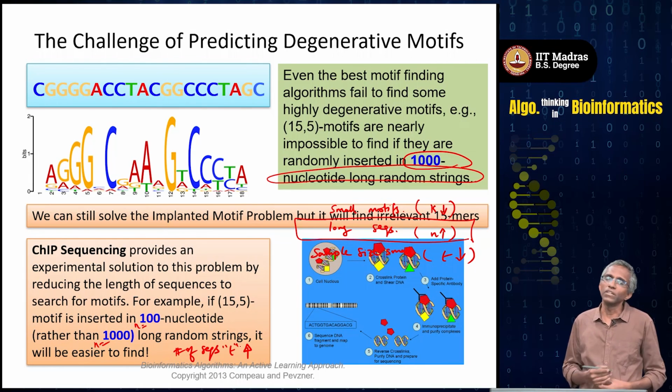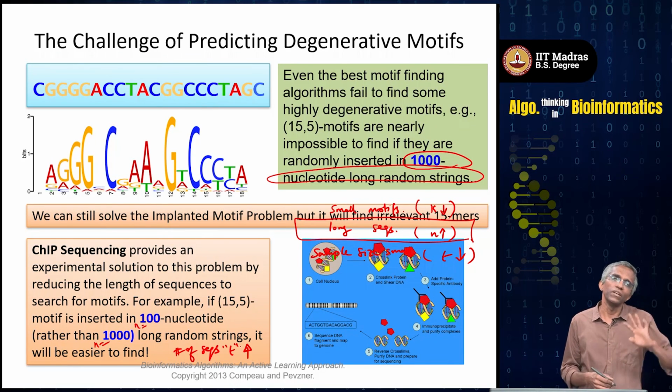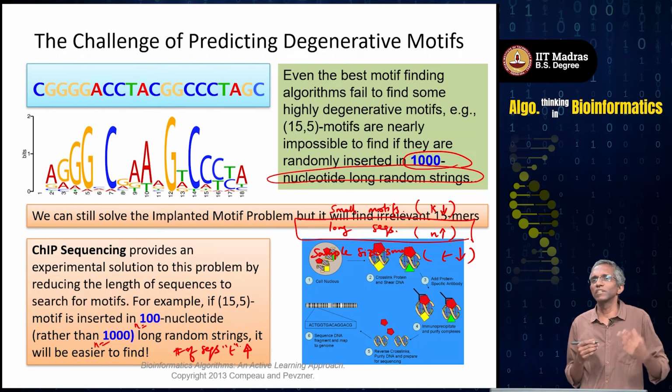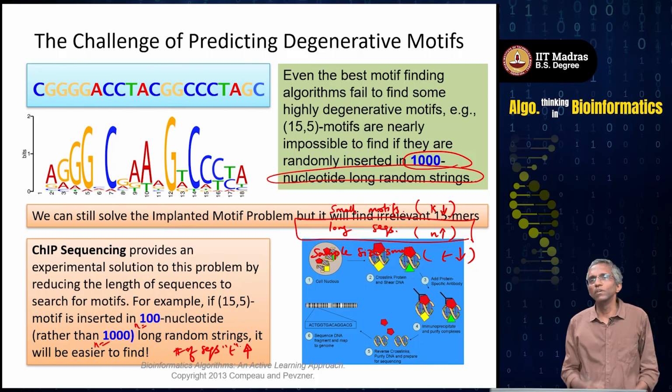That is what a ChIP-seq experiment does. So you won't be looking at some 20 genes or 10 genes or 25 genes that you have hypothesized to be bound by the same transcription factor. You can run this experiment for a single transcription factor and then find out the putative binding sites of this transcription factor across the whole genome.